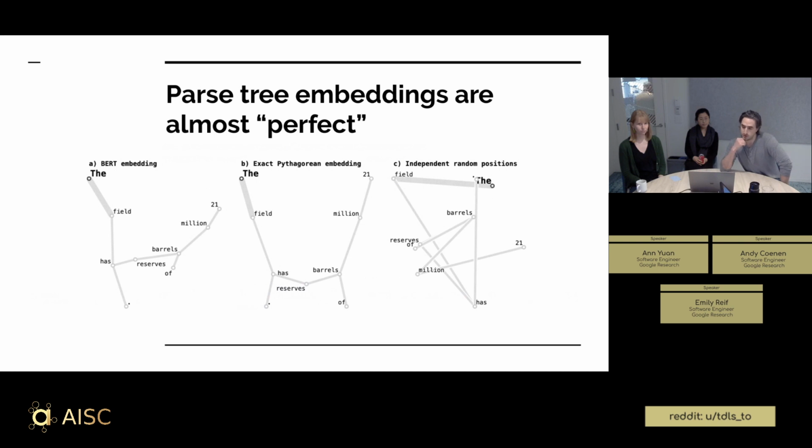So we followed up on this and looked into it a little bit. And it turns out that there are some really interesting things about these parse tree embeddings. They're almost perfect. What this means is something I'll follow up on in a bit, but this figure illustrates what I mean. On the left, all of these are PCA projections of parts of trees in high dimensional space.